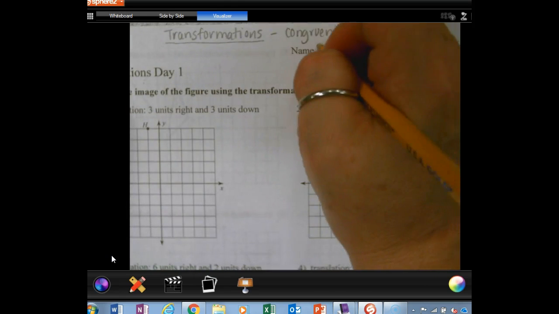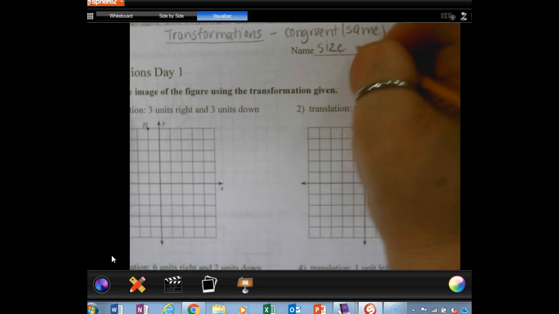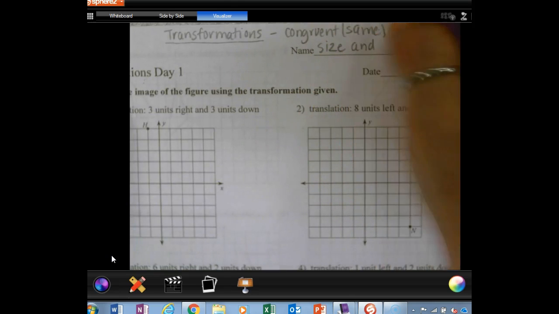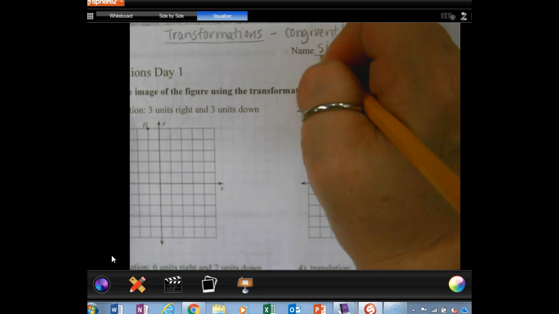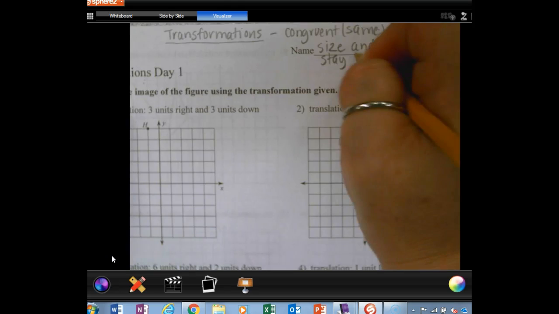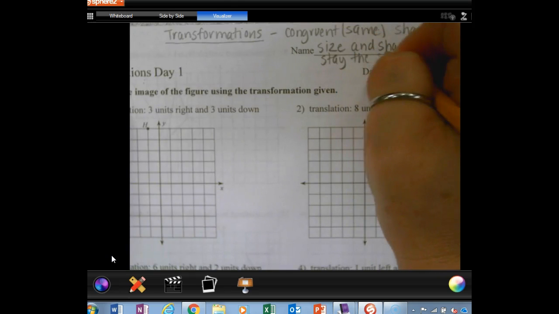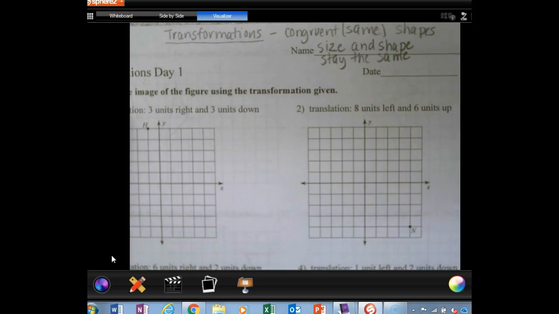So the size and shape stay the same. The only thing that's going to change is the location.